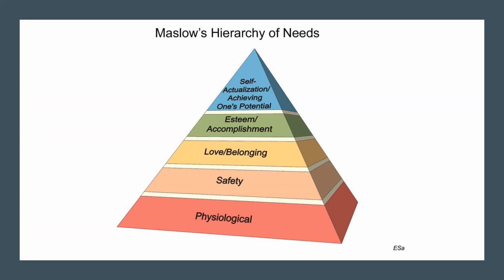The model is very simple. It's simply saying that every individual is motivated by a series of needs, and once that need's been fulfilled, it's no longer a need for that person, that there is a higher level need. So the fundamental need that we all have at the bottom of the apex there is physiological. All of us, our fundamental need in life is air, food, and water.